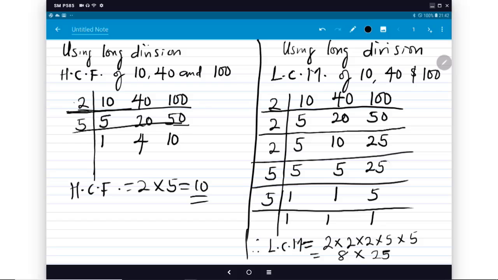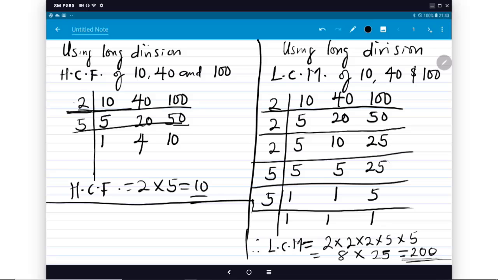So 25 times 8 will give us 200. 200 is the LCM of 10, 40, and 100. Alright? Okay, so we have 200 as our LCM. So this is how we can use the long division method to find the HCF and the LCM.